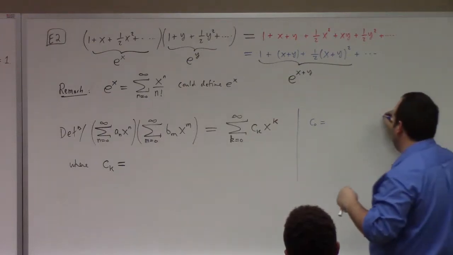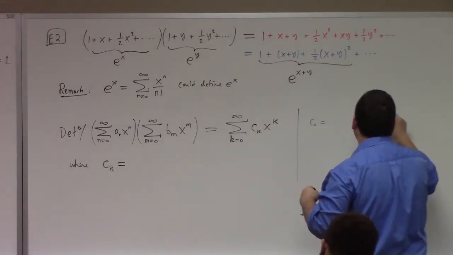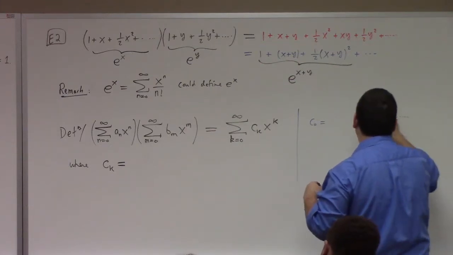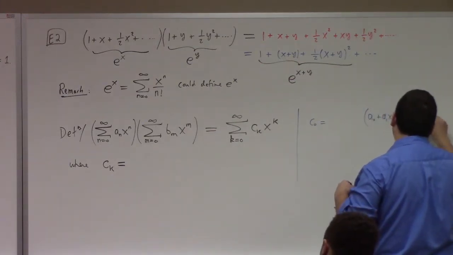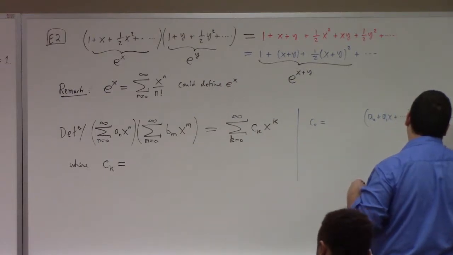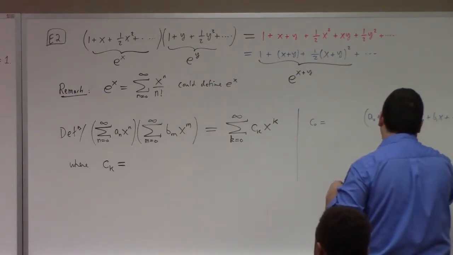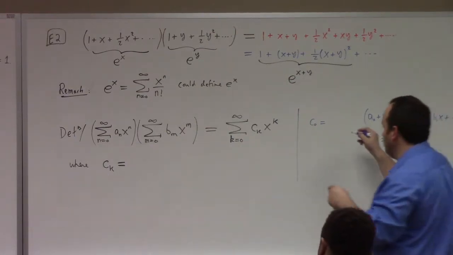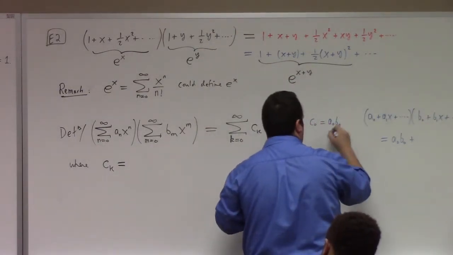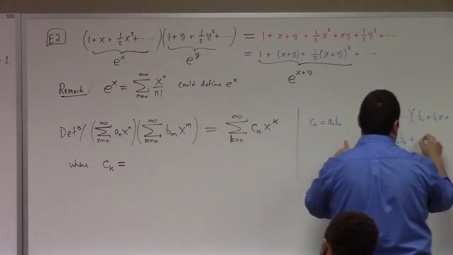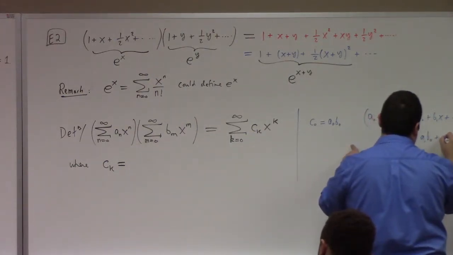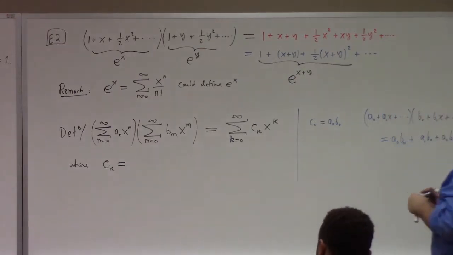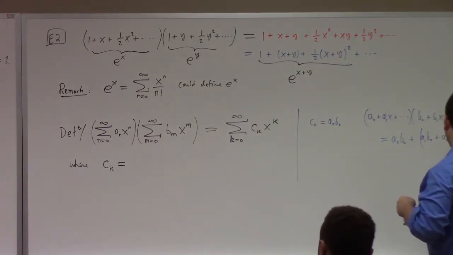Maybe it helps if I actually write these out. So a0 b0, right? So it seems like that should be the 0th one. How about what's next? How about a1 b0 plus what? a0 b1. That's times x, right?